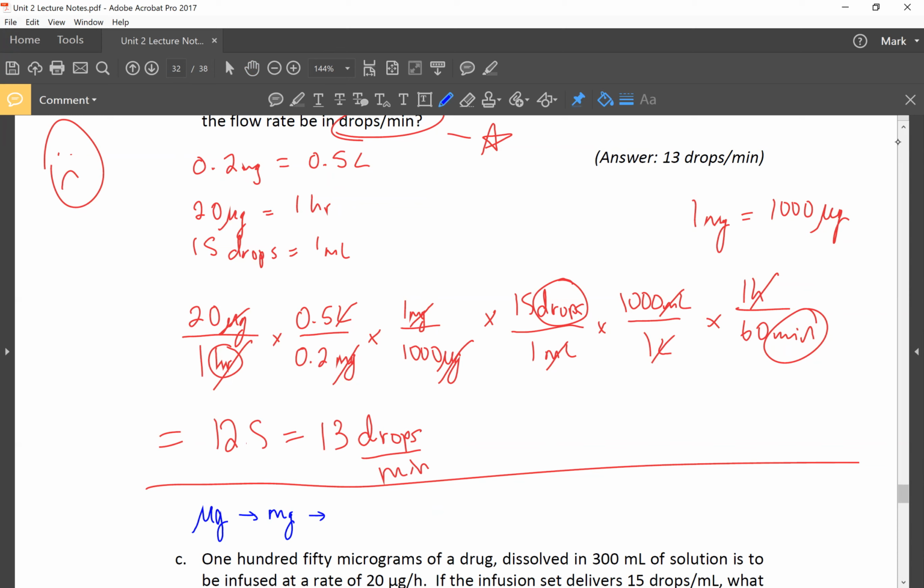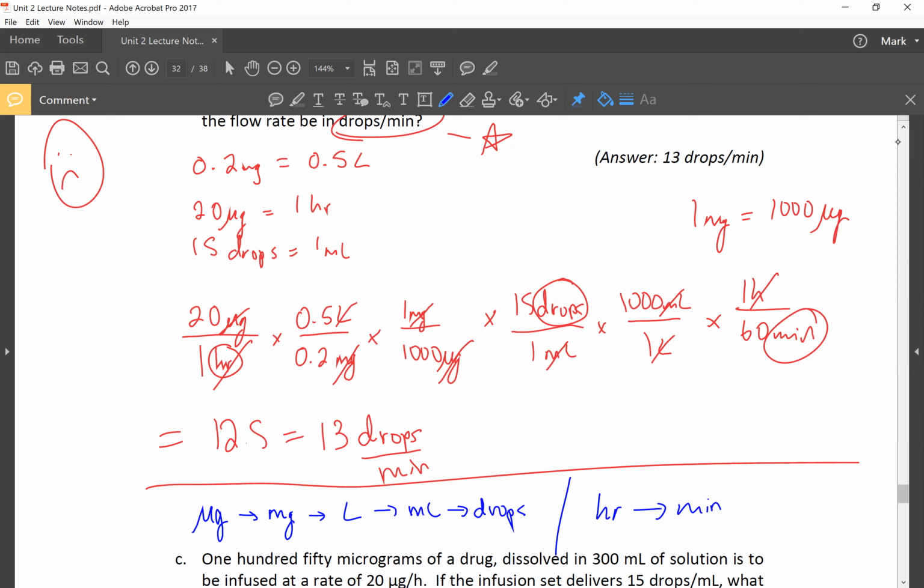I went from micrograms to milligrams to milliliters or liters to milliliters to drops. So that's why this took so many steps. First, I converted my micrograms to milligrams, then to liters, then to milliliters, then to drops. And then, of course, I just went from hours to minutes.